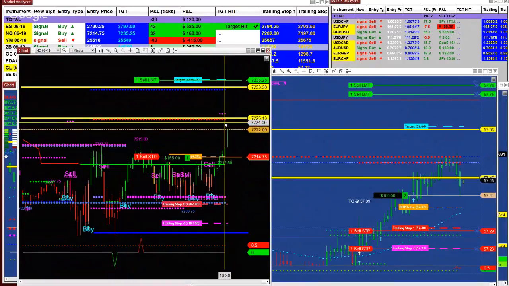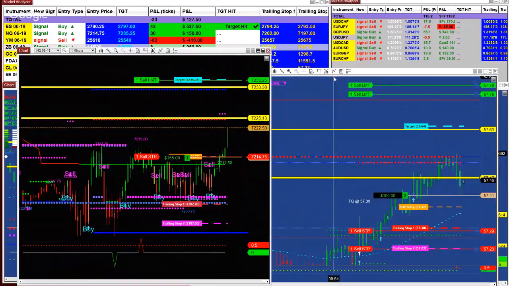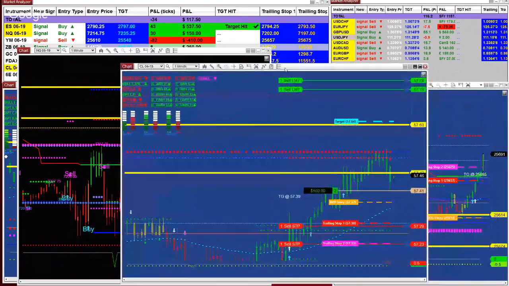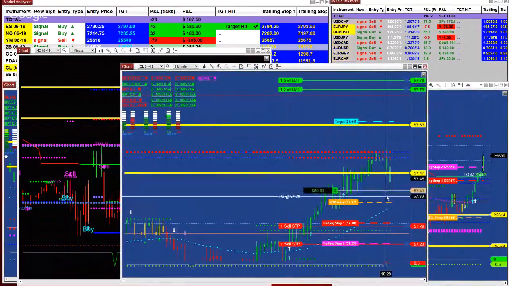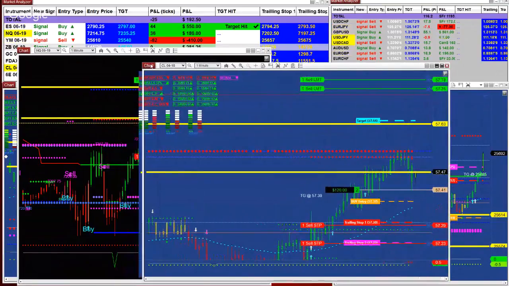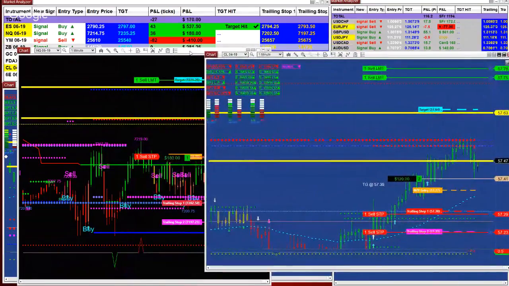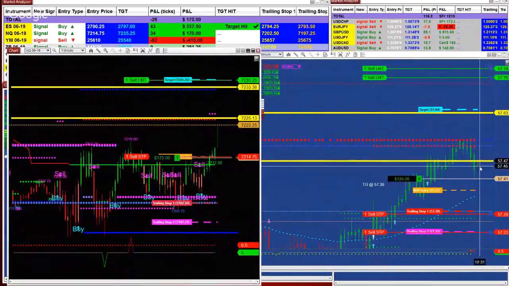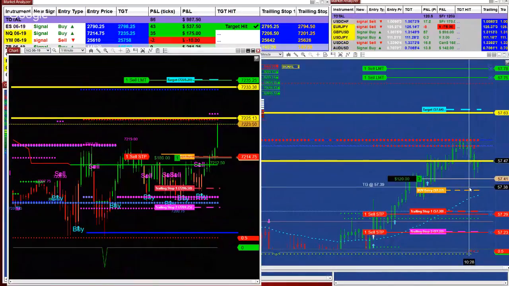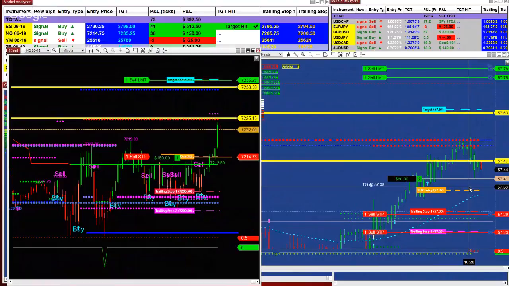And as we expected on the CL, if you notice, or if you go back, we said it's going to go back to this buying area, 57.37. And now the CL got caught between the heavy resistance and the entry level. So the CL right now is struggling as expected. Welcome to trading. But we predicted that half an hour ago.